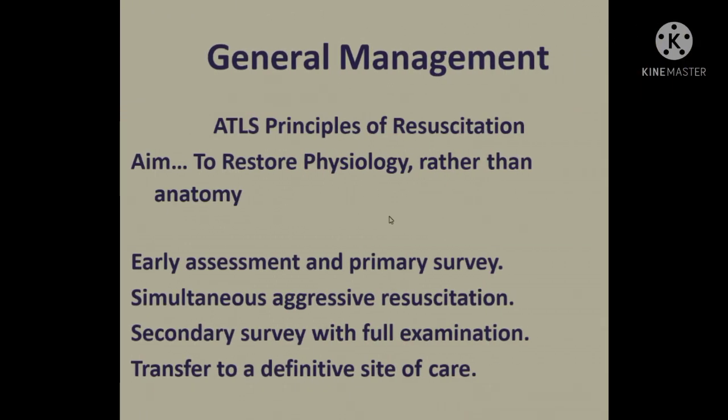As in other emergency traumas, in a case of thoracic trauma we start the general management with the ATLS guideline, that is the Advanced Trauma Life Support guideline. It suggests that we do an early assessment and a primary survey simultaneously with aggressive resuscitation. The secondary survey and full examination are to be done when the patient is stable, and then we transfer to definitive care.